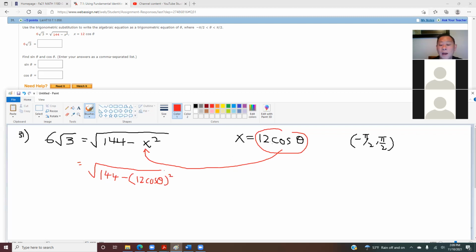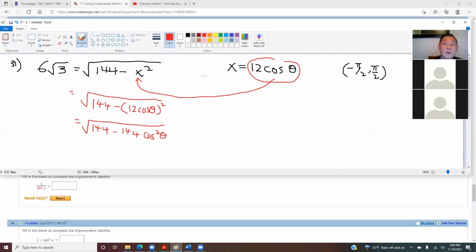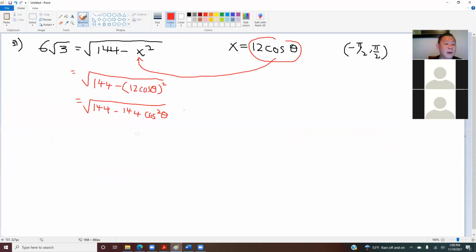If you square this, you get 12 squared is 144, and cosine theta squared becomes cosine squared theta.